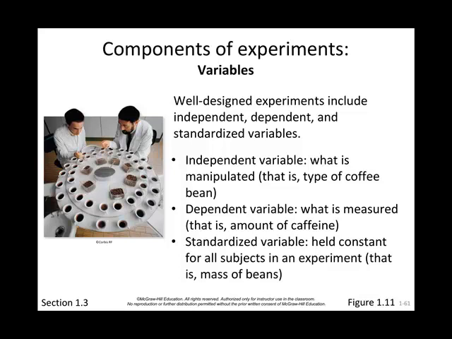In this case, we'd make sure that the mass of the beans, the cup used, the machines used to brew the coffee, the tools used to measure the caffeine, the expiration date of the coffee beans were all the same. We want to keep as many variables standardized as possible so that we know that the result we find is due to the independent variables.